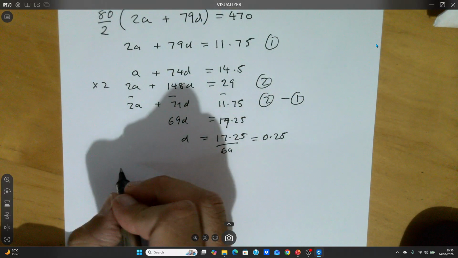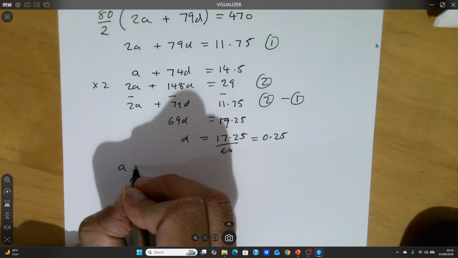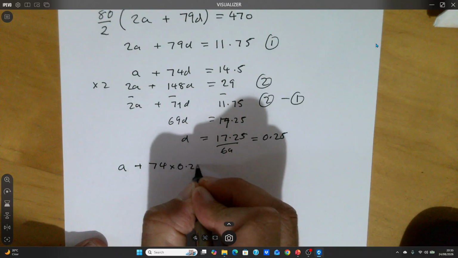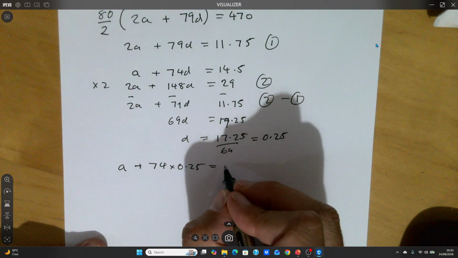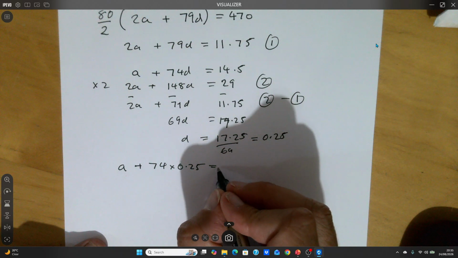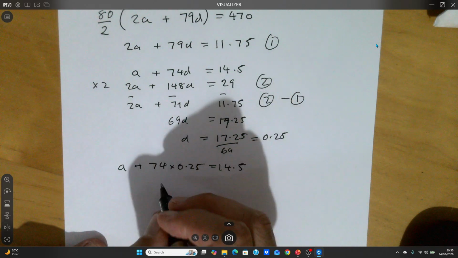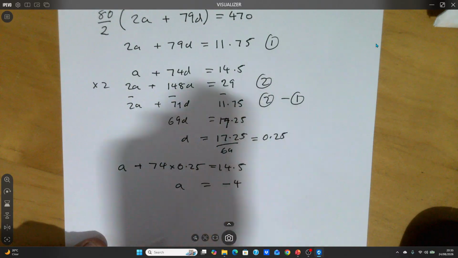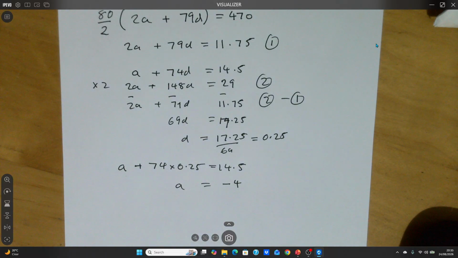Knowing what d is, I can now work out what a is. So a plus 74 times 0.25 equals 14.5. So this gives me a equals minus 4 after I've worked that through.